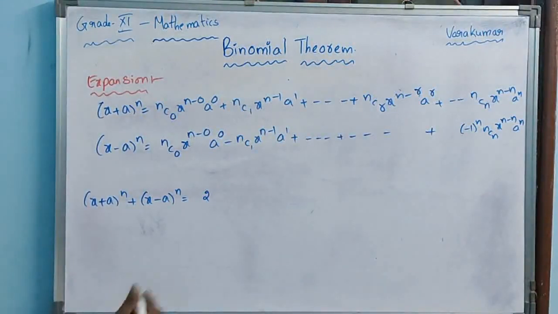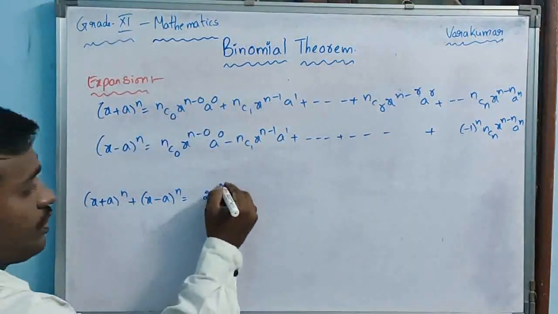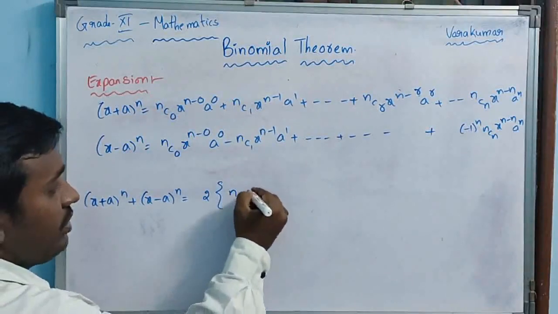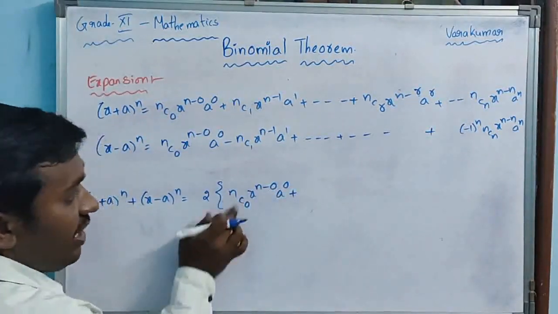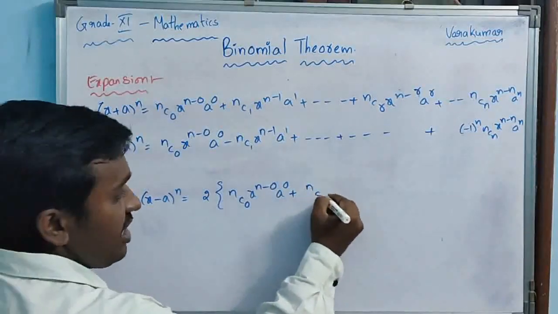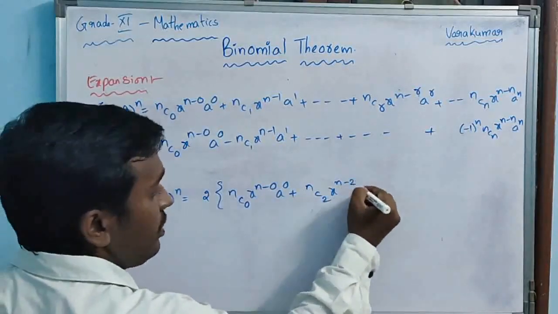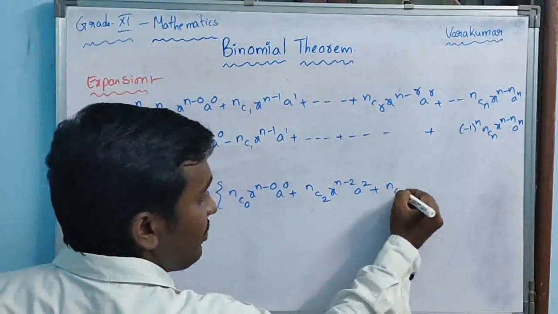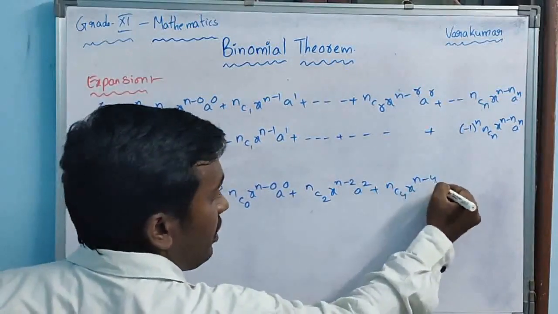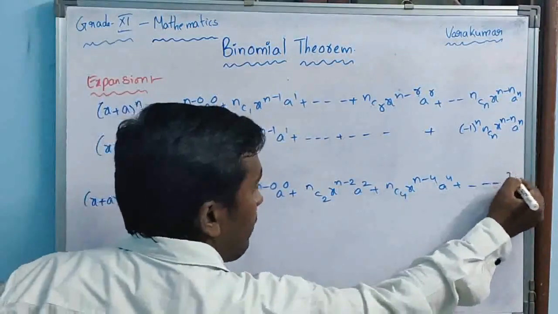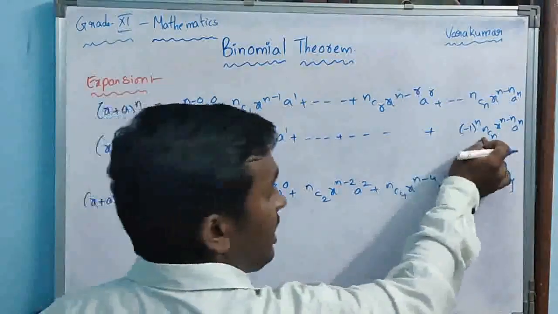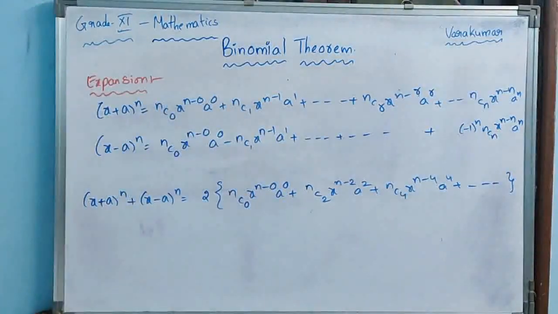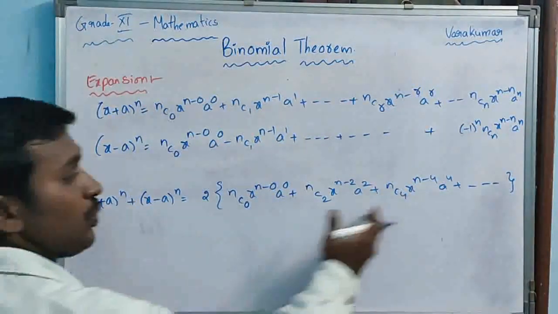Then what is going to happen: nC0 x^(n-0) a^0, and next nC2 x^(n-2) a^2, similarly nC4 x^(n-4) a^4 and so on. If I want to write it fully, I need to know the n value, so I cannot give the conclusion. That's why I am writing 'and so on'.